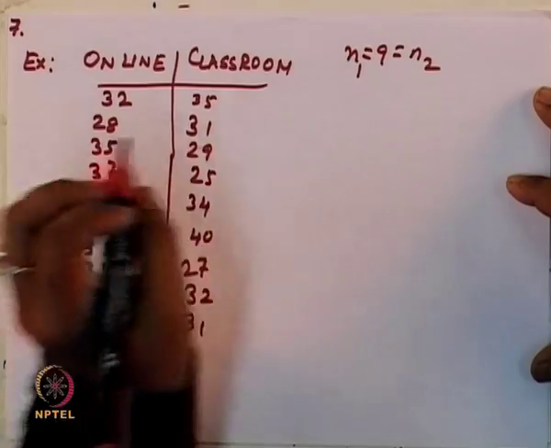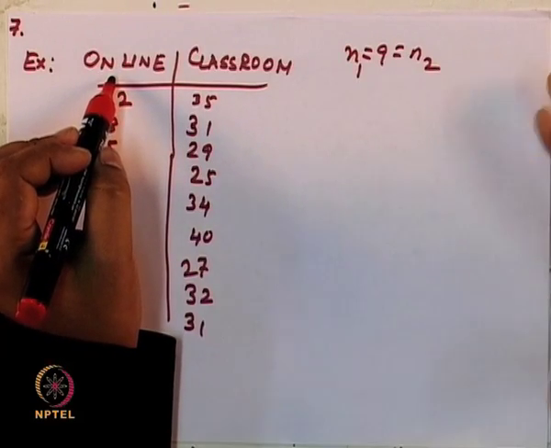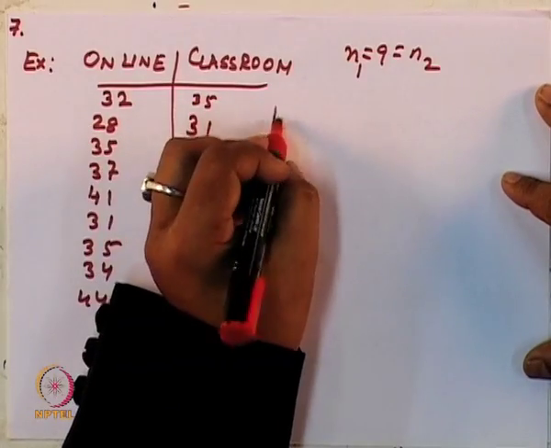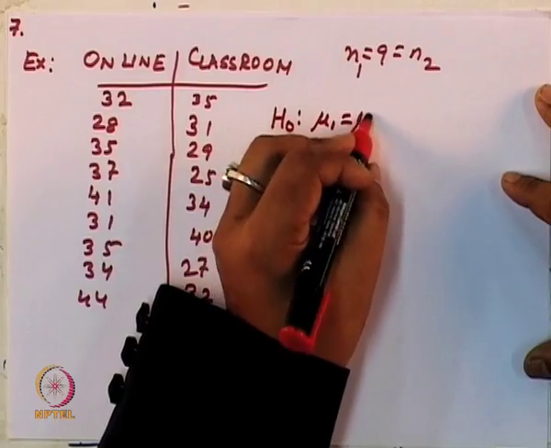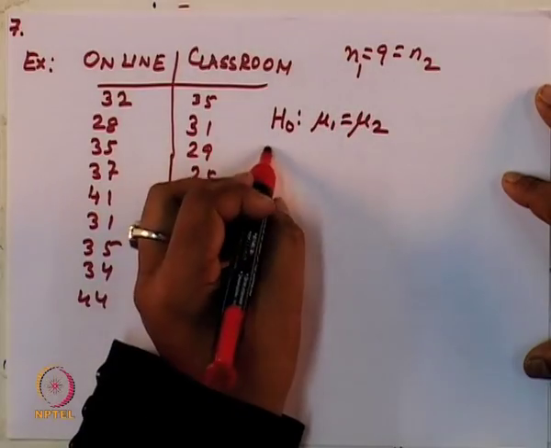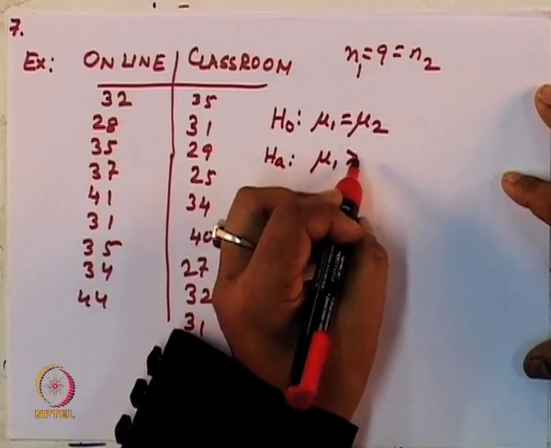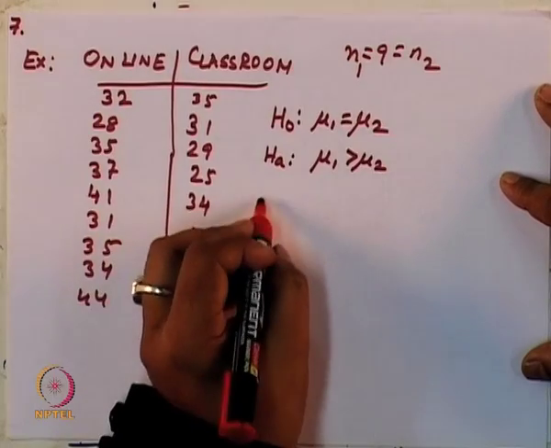And we want to know whether the performance of students taking the online exam is identical or different than those when they give the classroom exam. So, my null hypothesis is mu1 equal to mu2, and my alternative hypothesis is mu1, let us say, greater than mu2. So, what do we assume?